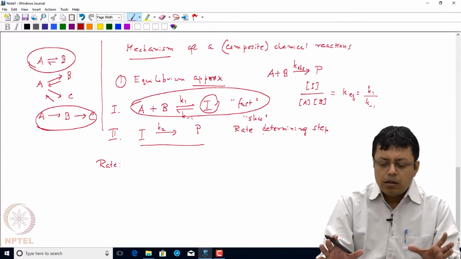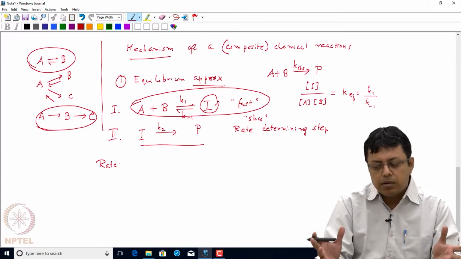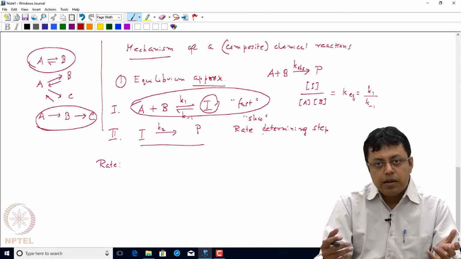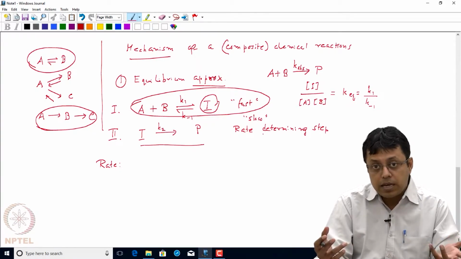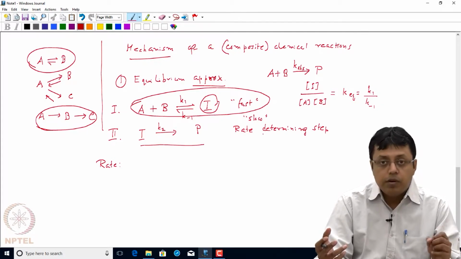Now this rate determining step approximation, it's not an approximation, I mean it is the valid thing, where you say that if a reaction is composed of many different steps, the rate of the overall reaction is actually controlled by the rate of the slowest step.